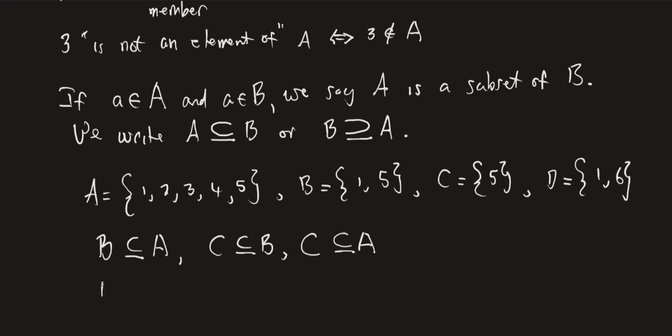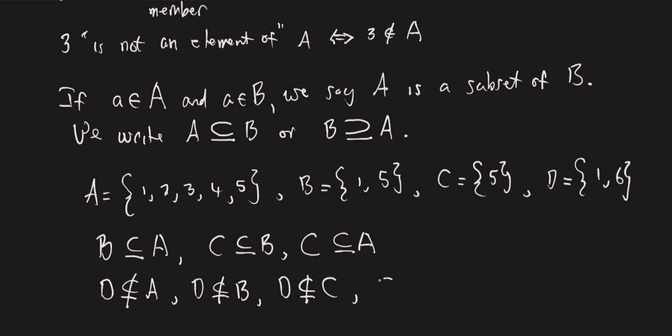So I could say that D is not a subset of A, and D is not a subset of B. And again, just for completeness, I can say that D is not a subset of C. And in fact, C is not a subset of D either, because C has the element 5 and D doesn't have the element 5.